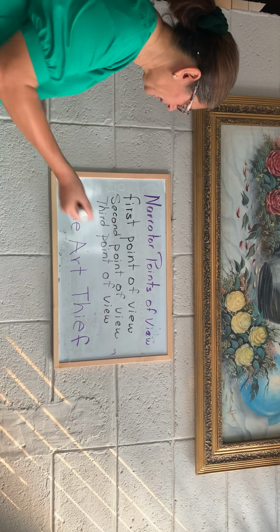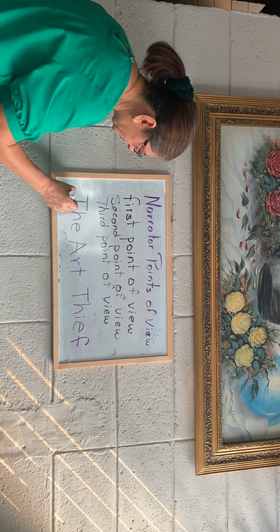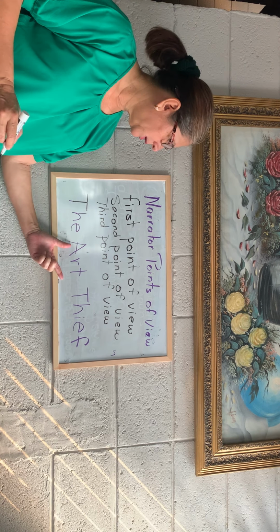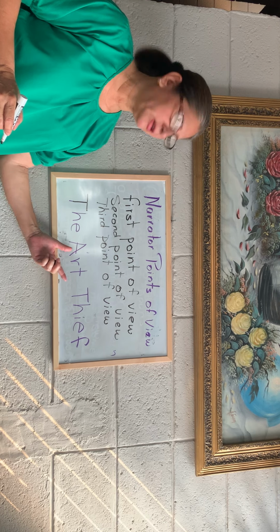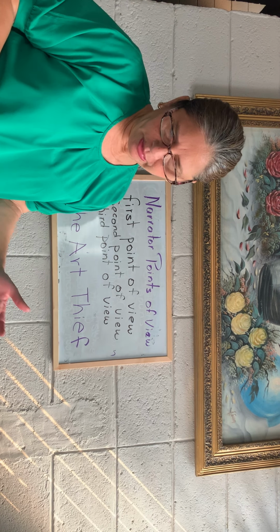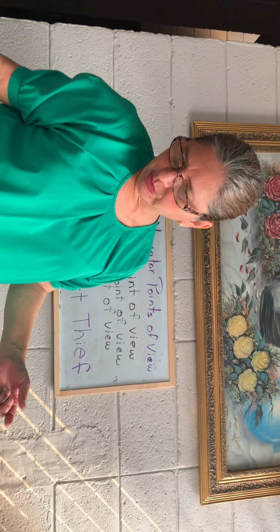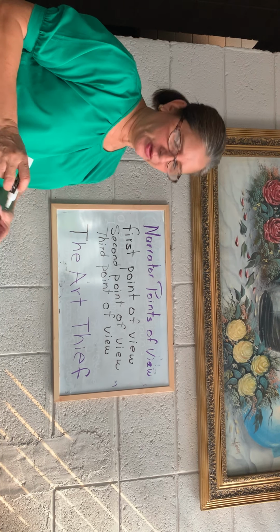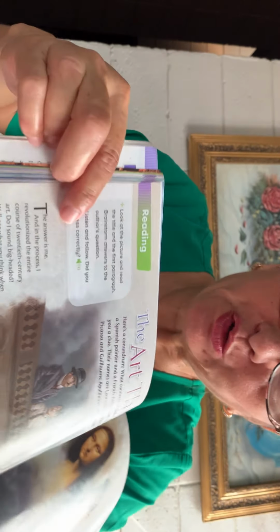Okay, today I want you to see on the board the title of the story on pages 28 and 29, The Artist. For this story, I asked you to go to the Compass platform, pages 28 and 29, and you are going to listen to track 12.